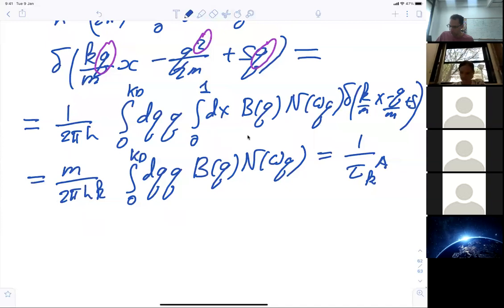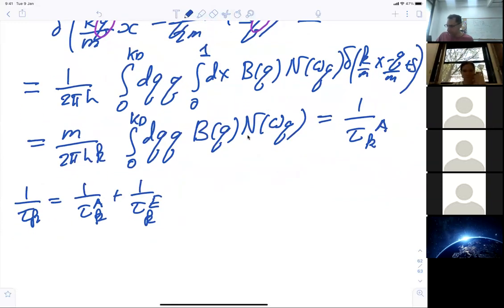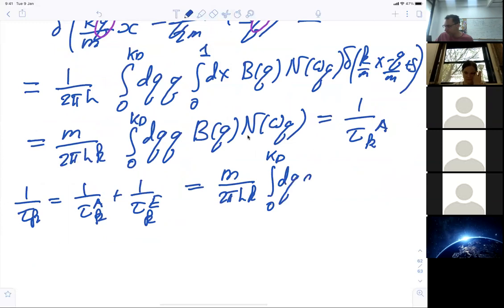So if I add now 1 over tau emission, so 1 over tau k, which is equal to 1 over tau absorption k plus 1 over tau emission k, I'm getting the expression changes into m over 2 pi hk, integral from 0 to k dB of dq times q times b of q, and here will be 2n omega q plus 1.